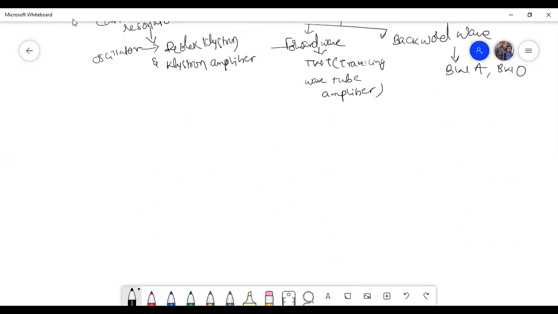Now I told you that Klystron is a microwave device, and it can be used for generation purpose and amplification purpose.